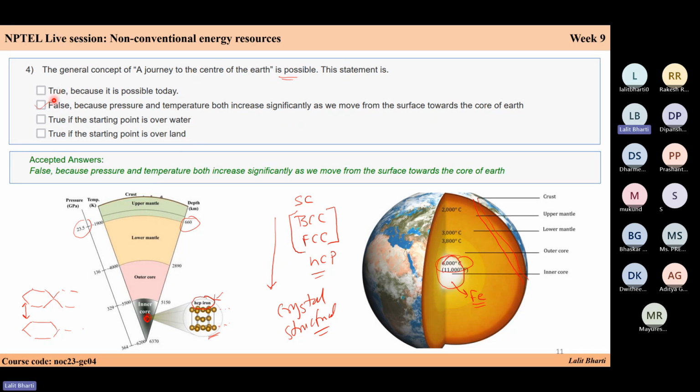So the second statement is correct, that this is false: the journey to the center of the earth is not possible because of the very high pressures and temperatures, which increase significantly as we go from the surface towards the core of the earth. So the statement is false.